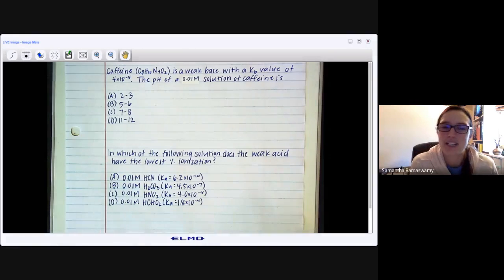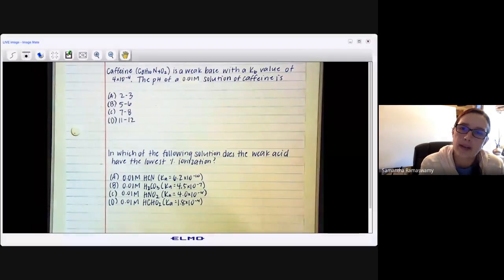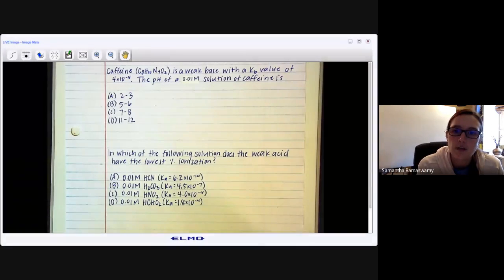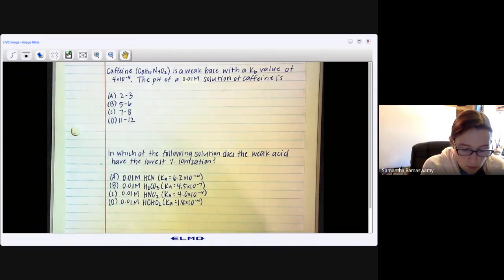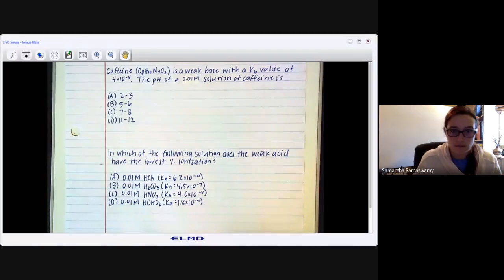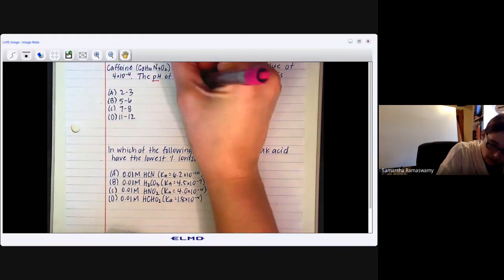The first one says caffeine, which is C8H10N4O2, is a weak base with a Kb value of 4 times 10 to the negative fourth. The pH of a 0.01 molar solution of caffeine is, and I give ranges of pH. So this is really asking us, what is the pH of this molarity of caffeine?